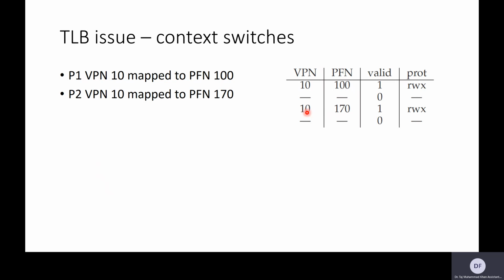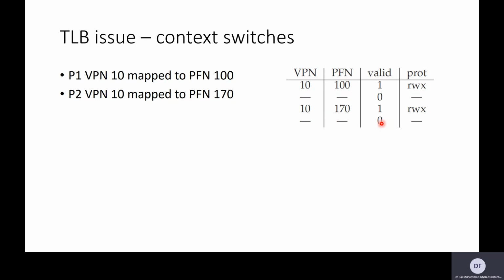So that's one solution that is very simple, but it's a little expensive, because for every context switch, the new process that has started running will have lots of TLB misses. The information that was useful inside the TLB was invalidated by making the valid bit 0 at context switch. So that's one solution to the problem of which TLB entry belongs to which process.